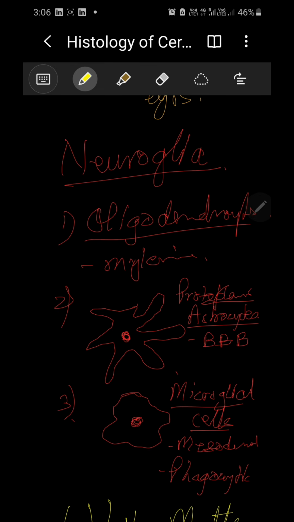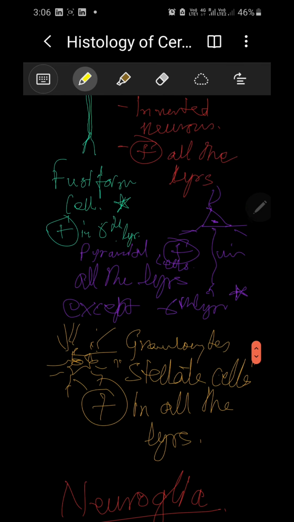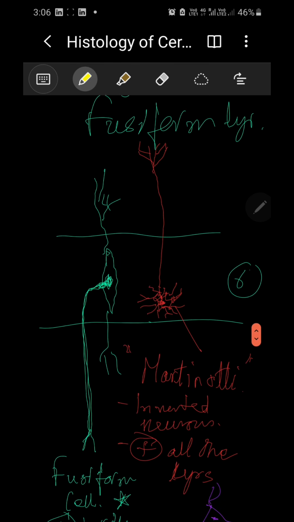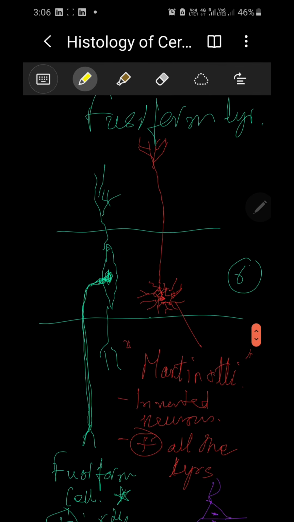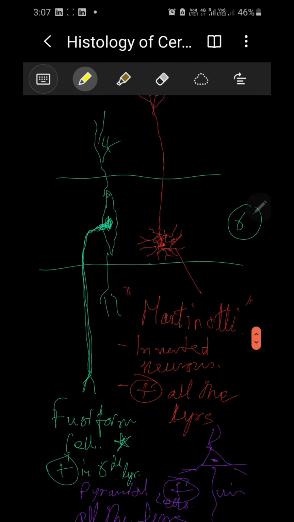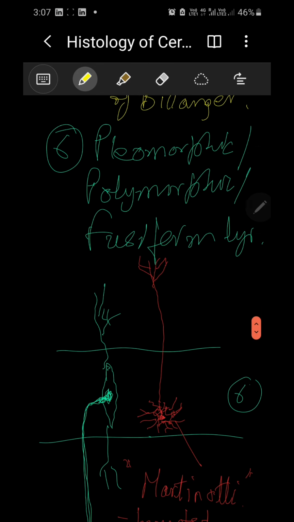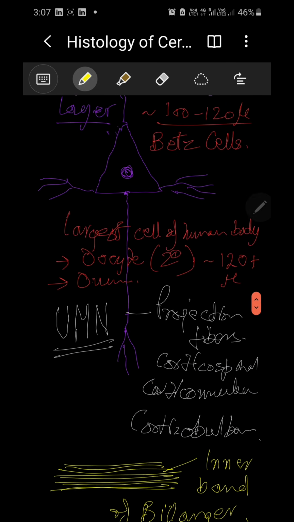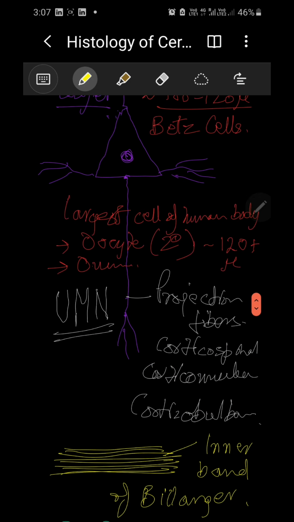These are the neuroglia of the gray matter. This is about the plexiform layer, about different cells, right? Martinotti and fusiform cells, you can see them here. The polymorphic fusiform layer.